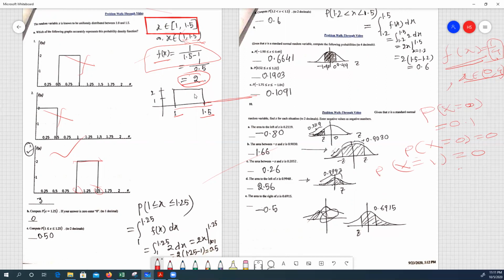Why is the probability always 0? For the continuous case, the probability represents the area under this curve. If you want to find the probability of x equals 1.25, which is somewhere here in the middle, and x is exactly equal to this number, that means the area of this line.